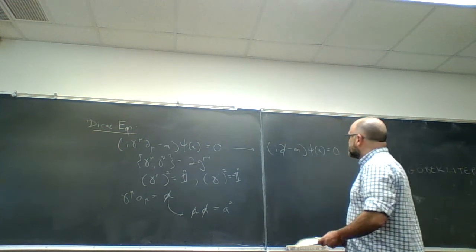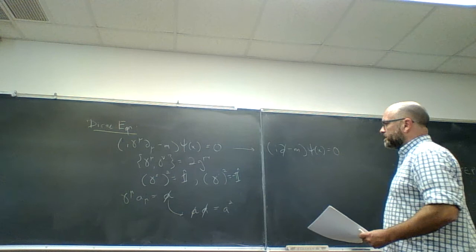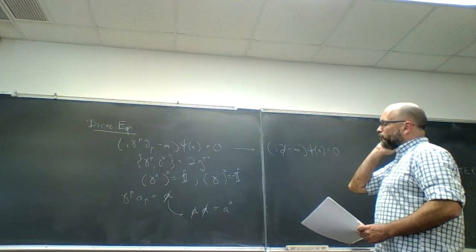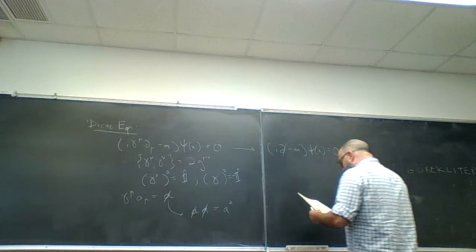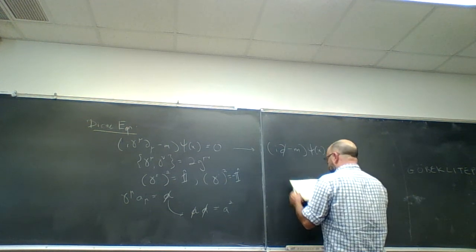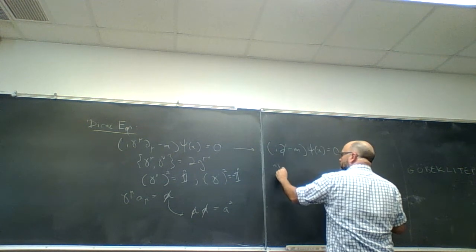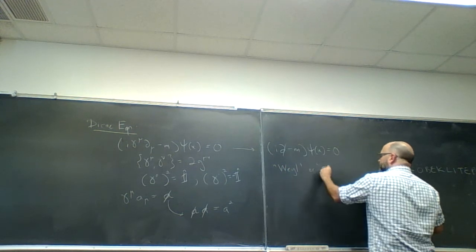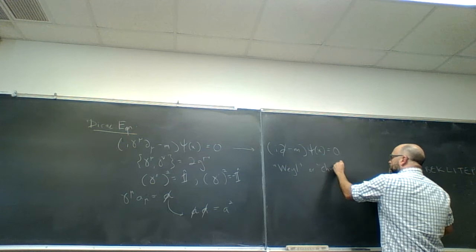To make any progress, we had to choose a particular representation for our gamma matrices, and so we picked one that people most of the time work in. It's called the Weyl, or I think I called it the chiral representation.